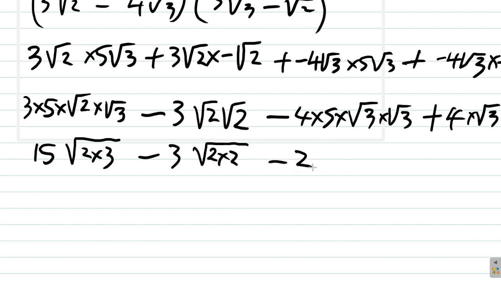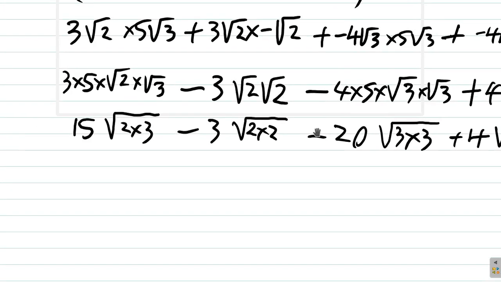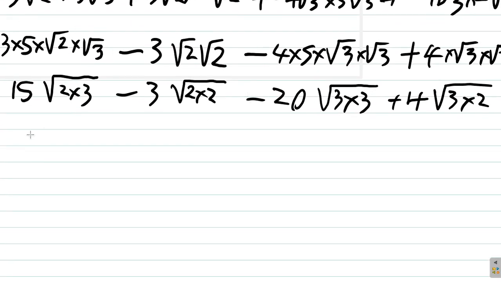Minus 4, 5, 20 times the square root of 3 times 3. Same argument applies to this. Plus 4 square root of 3 by square root of 2 is the square root of 3 times 2. So this is 15 times the square root of 6.